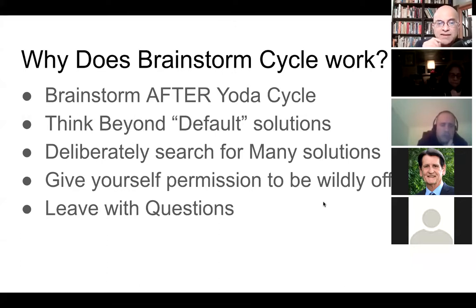The next point is give yourself permission to be wildly off. There is a tendency of wanting not to be wrong. This is saying, no, think wildly, think the implausible things, because again, what is plausible and what is not plausible is conditioned by habitual things.